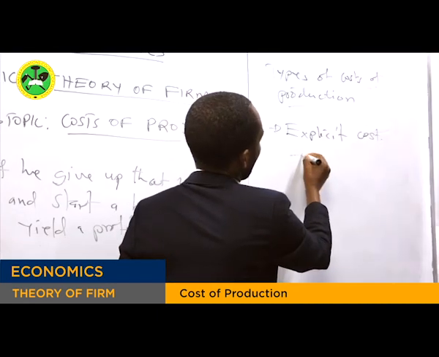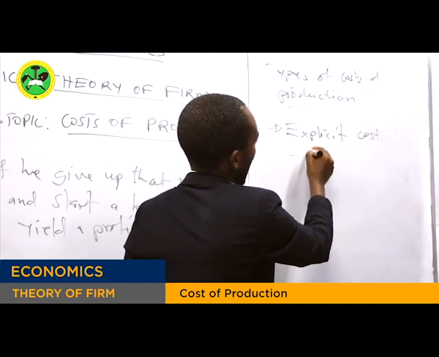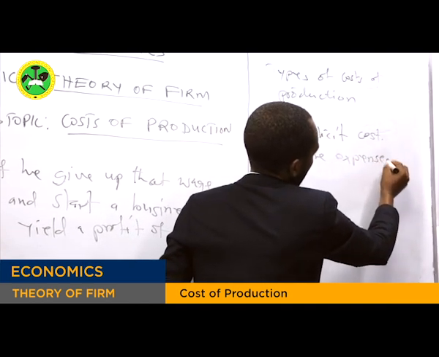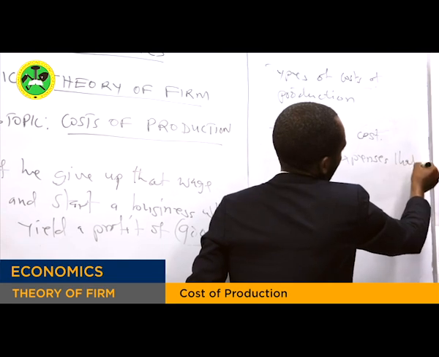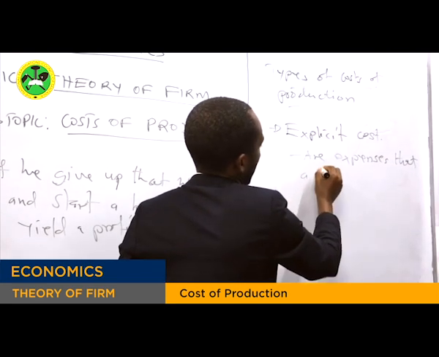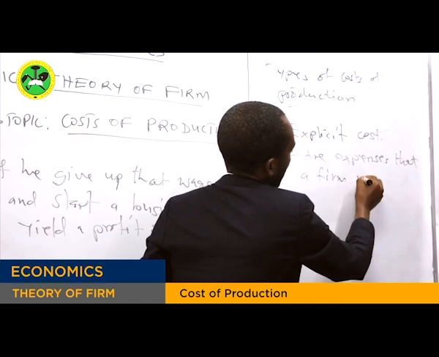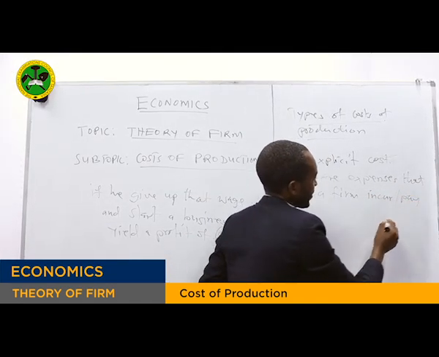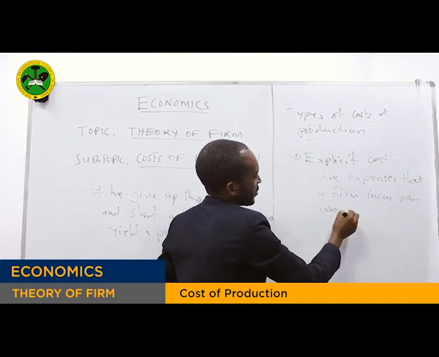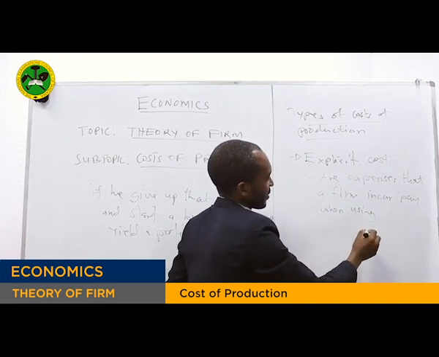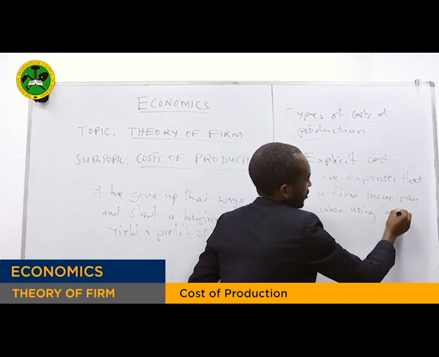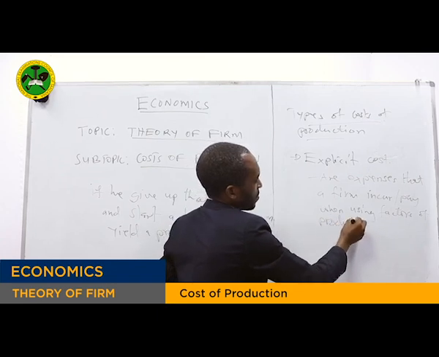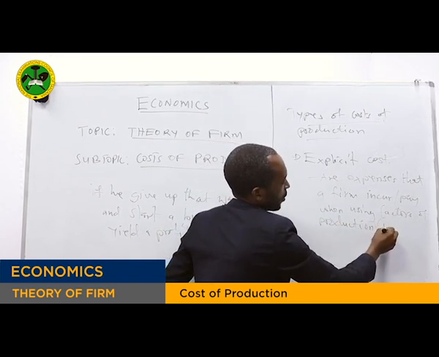So the explicit costs are expenses that a firm incurs or pays when using factors of production or inputs.